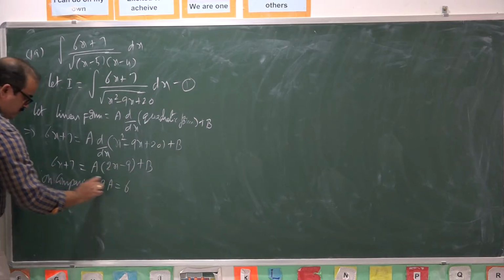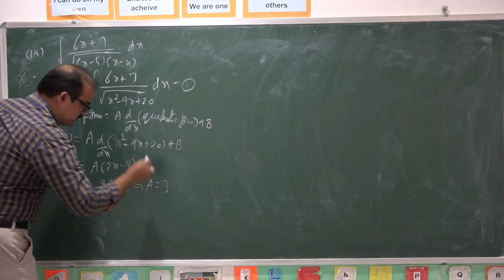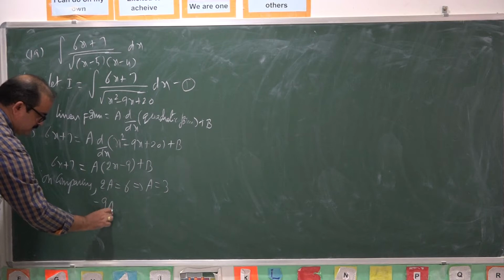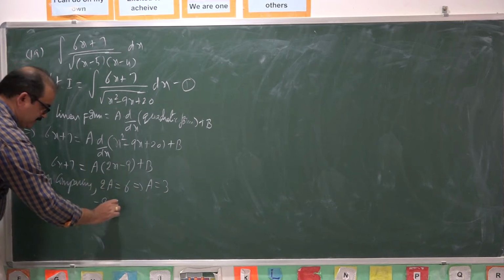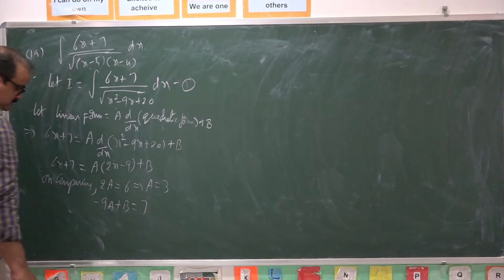Here the coefficient of x is 6, so a is equal to 3. Next, comparing constant terms, the constant term is minus 9a plus b is equal to 7.